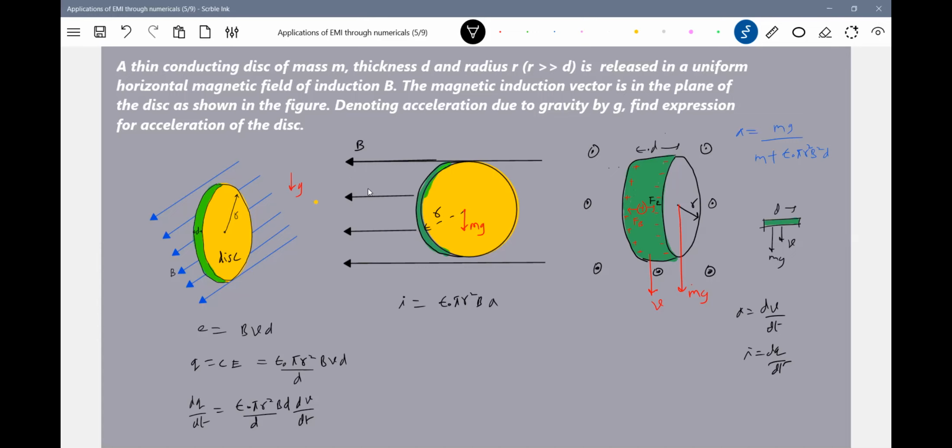Is it okay, our problem? Okay, now this is like a conducting rod, no? It will experience a force. How will the current flow in it? I'll give a better diagram.